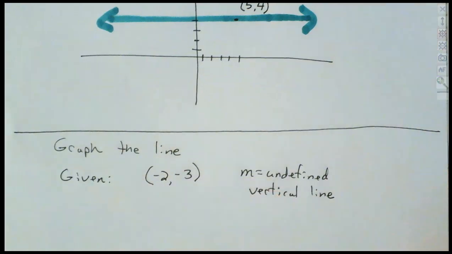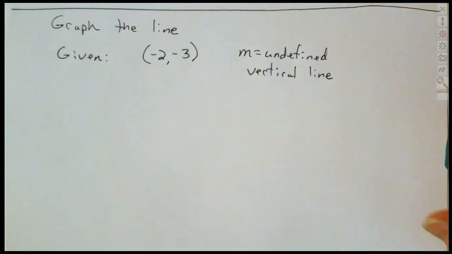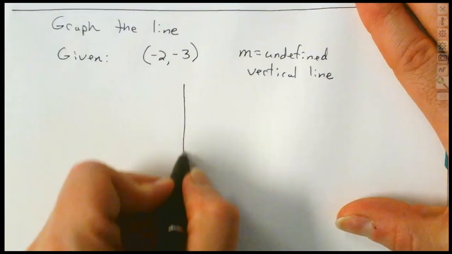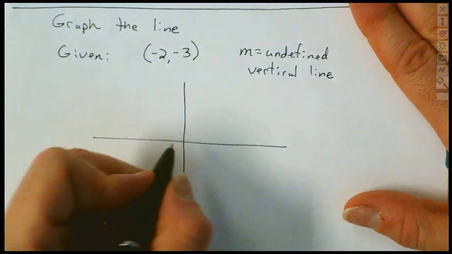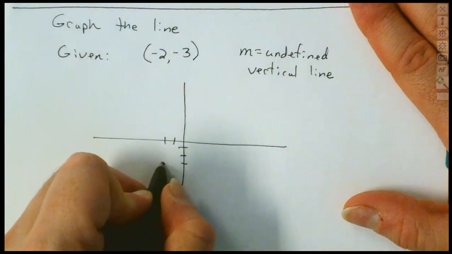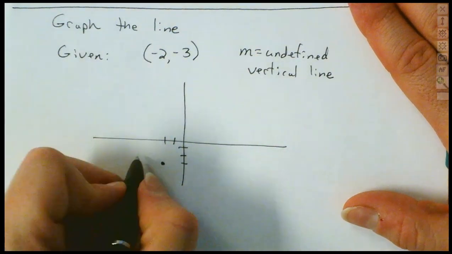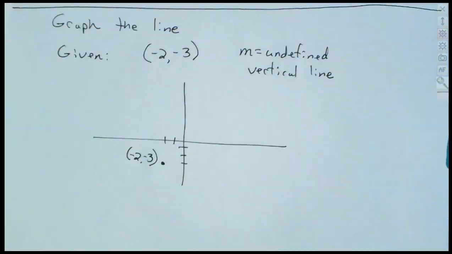And what do we need to do to graph this? We simply plot our point and we draw a vertical line. So -2, -3 is going to be right here. And that's going to make a vertical line.